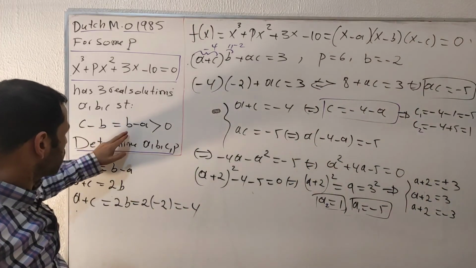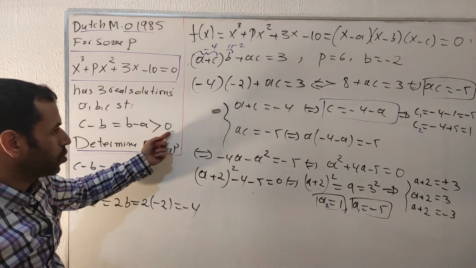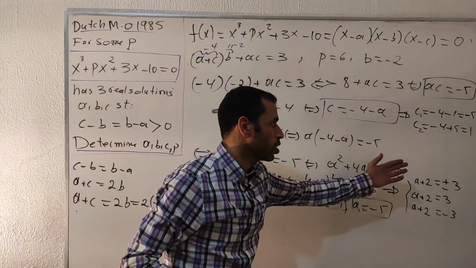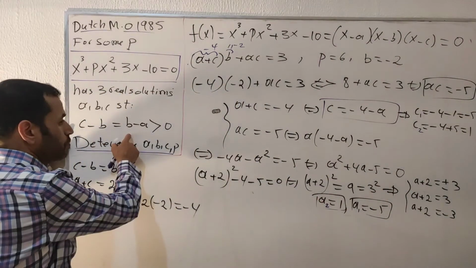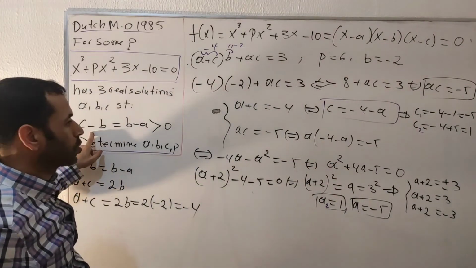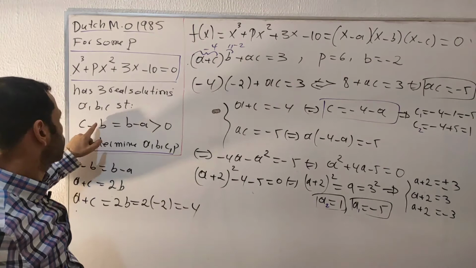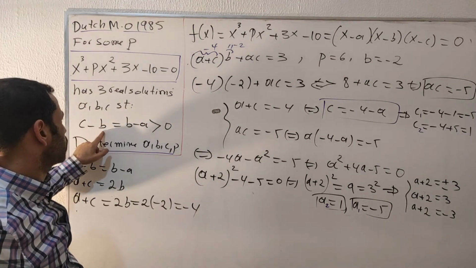Since we have this condition, C minus B equals B minus A, which is strictly greater than 0, we are going to look for which solution appropriately satisfies this condition. So C1 doesn't work here because C1 is minus 5, which is less than 0, since B is given as minus 2.